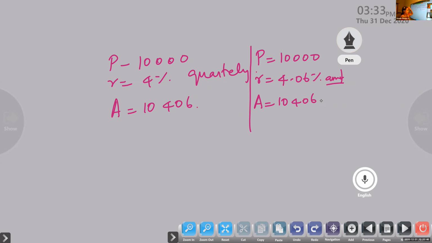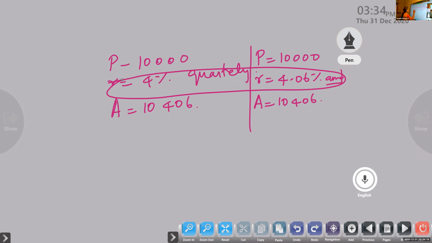Is it clear? 10,000 rupees at the rate of interest 4.06%. Again, at the end, the amount we are getting is 10,406. Here it is compounded quarterly, but here it is compounded annually. Here it is 4%, here it is 4.06. So these two are equivalent because the final amounts are the same.